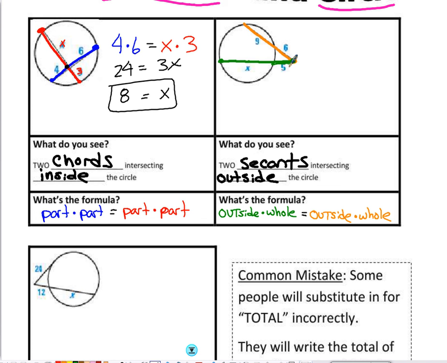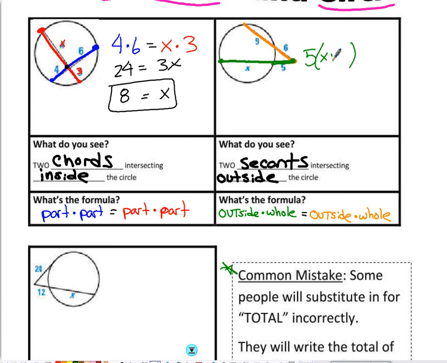So outside would be 5. What's the length of the whole green segment? And this is where we have to be careful because this is one of our common mistakes. If I'm trying to add up two pieces of a line, I add them together, I don't multiply. So if one is x and one is 5, the entire segment is going to be x plus 5. X plus 5.